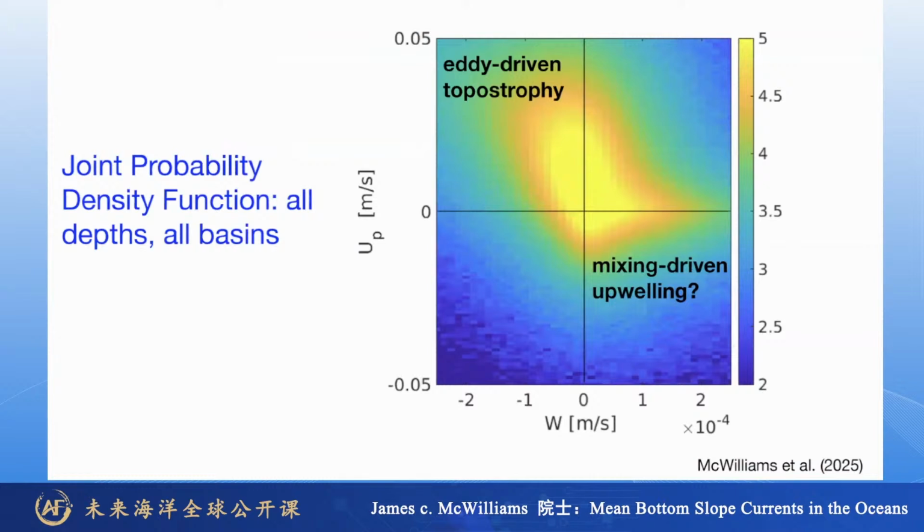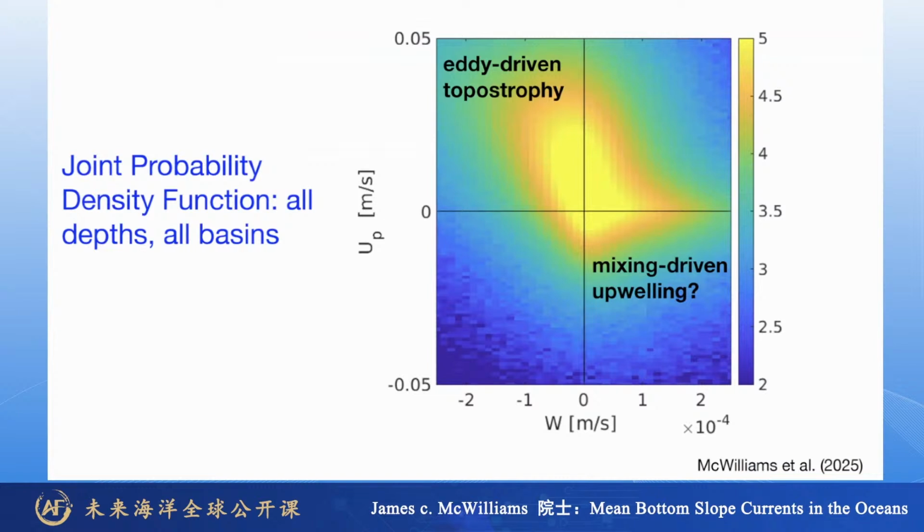This is the joint PDF of the along slope flow and the vertical velocity at the bottom. You see that there is a dominance in the upper left quadrant, which is consistent with eddy-driven topostrophy and its associated bottom boundary layer.